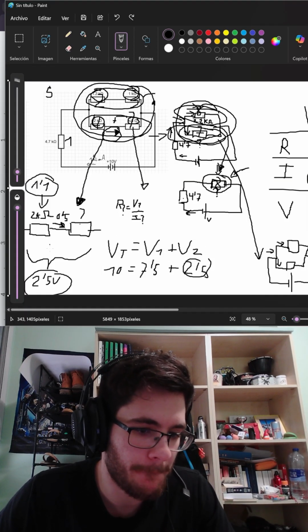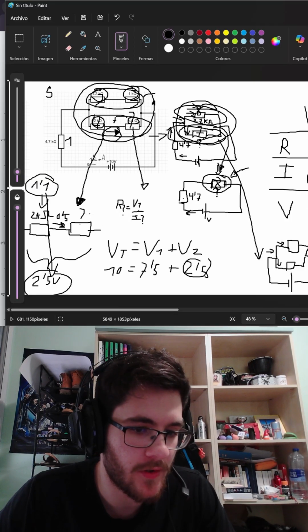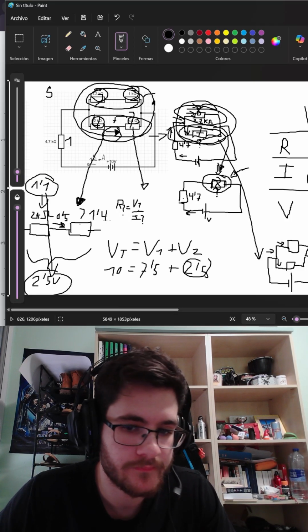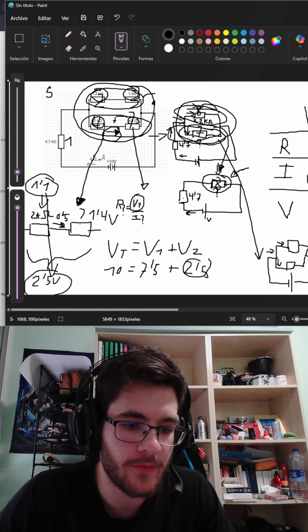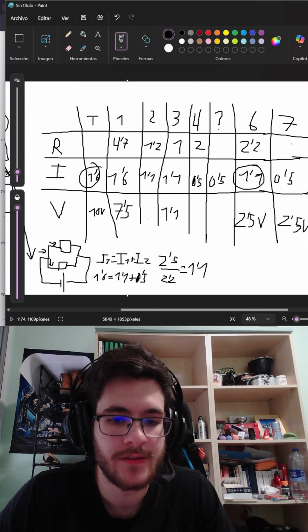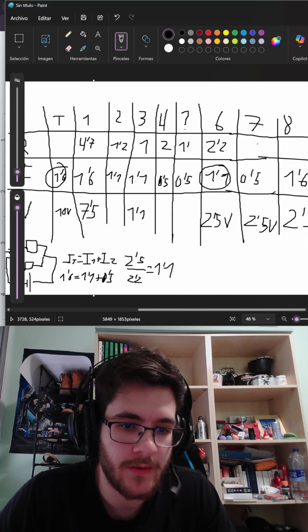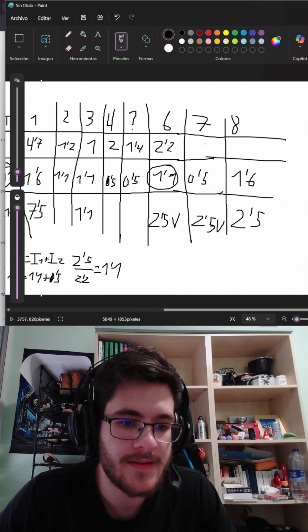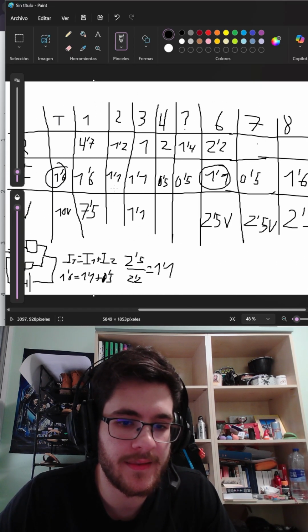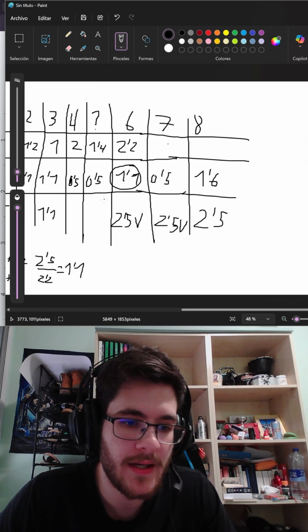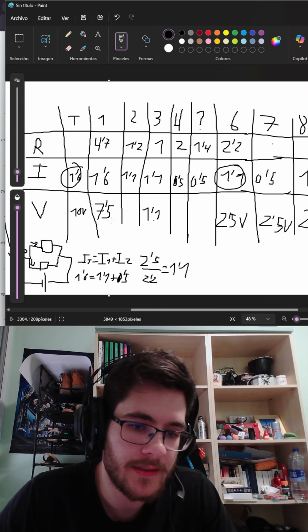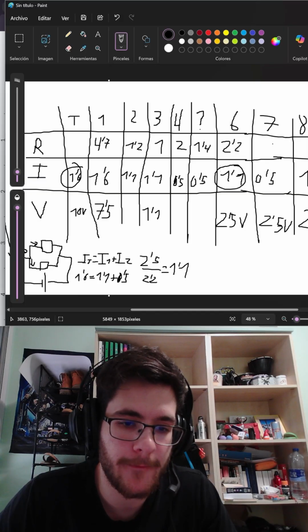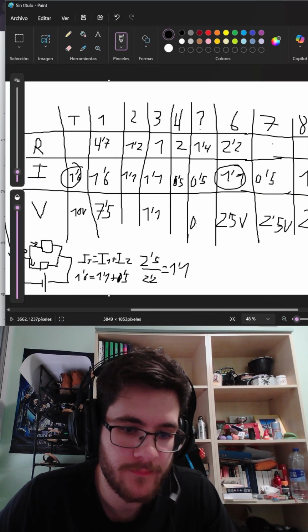So in this case we just subtract this from this, and we have 1.4 volts, and we now know this and this. So 1.4 volts and 0.5 in the intensity. So we multiply, and now it is 0.7.